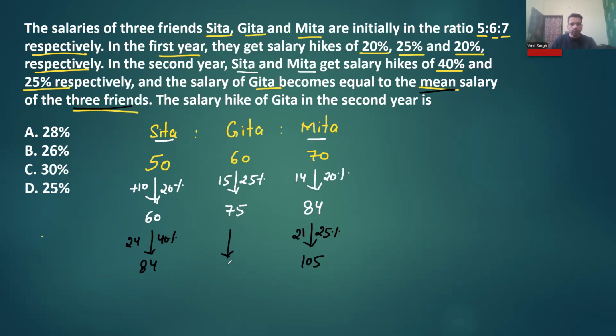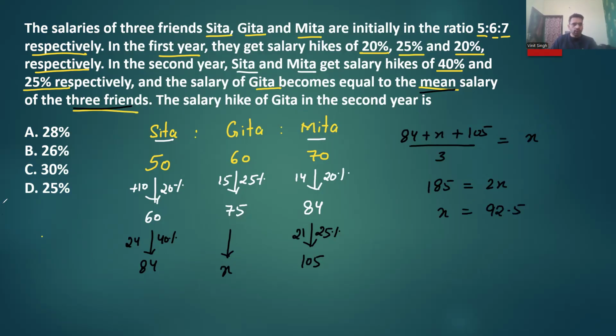Means we will take Geeta's salary after the second hike as X. So (84 plus X plus 105) upon 3 is equal to X, where X is the salary of Geeta after the second hike. So 189 is equal to 2X, so X is equal to 92.5.